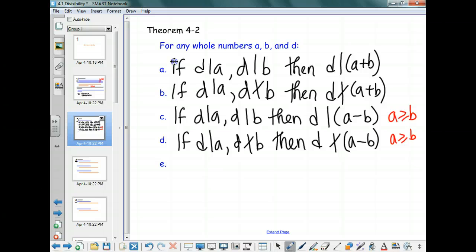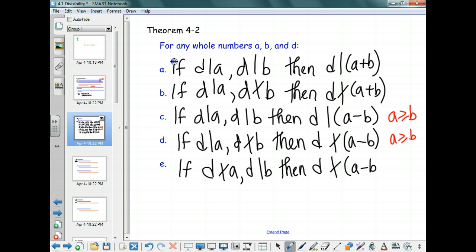All right, and then the last one: if D does not divide A, but D does divide B, then D does not divide A minus B. Still, A is greater than or equal to B. So it's saying I can make that not-dividing part happen at the first value or on the second value.